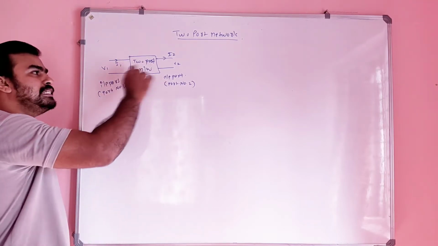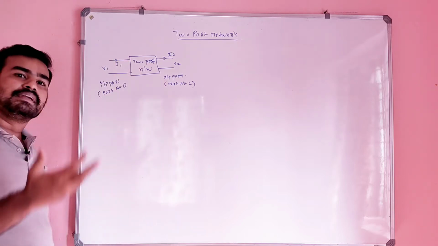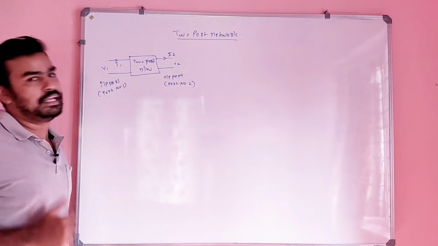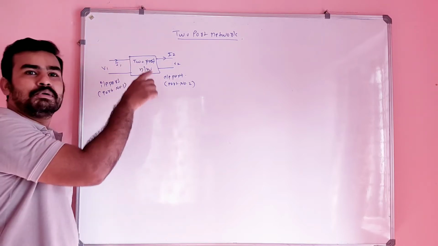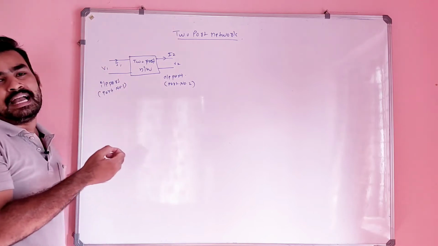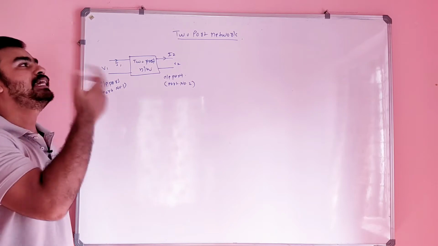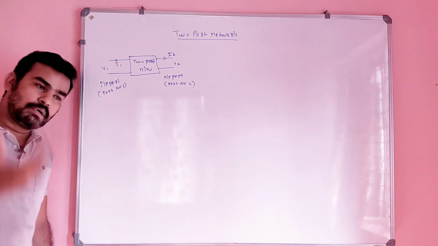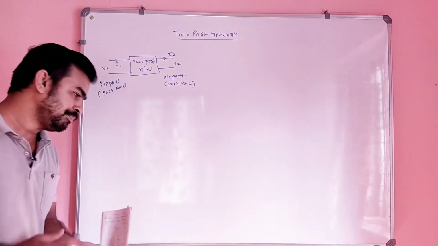Depending upon that inside network, two-port networks are named in many ways. So let's discuss one by one: what the inside circuit is and what its name is, why that two-port network is formed, what its peculiarity is, and what the parameters are.